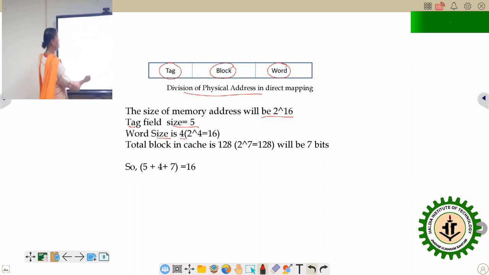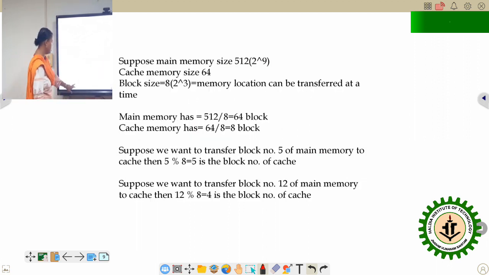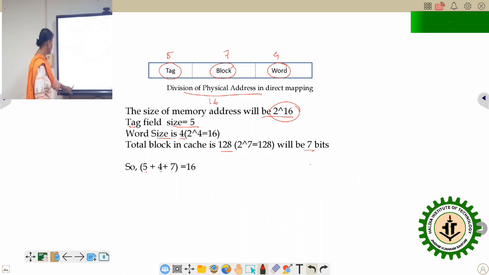The rest, for the total of 128 blocks in the cache, is 7 bits. So 5 plus 4 plus 7: tag is 5, word size is 4, and block is 7. So the total 16-bit address matches your total memory size, 2 to the power 16. So this is the value.